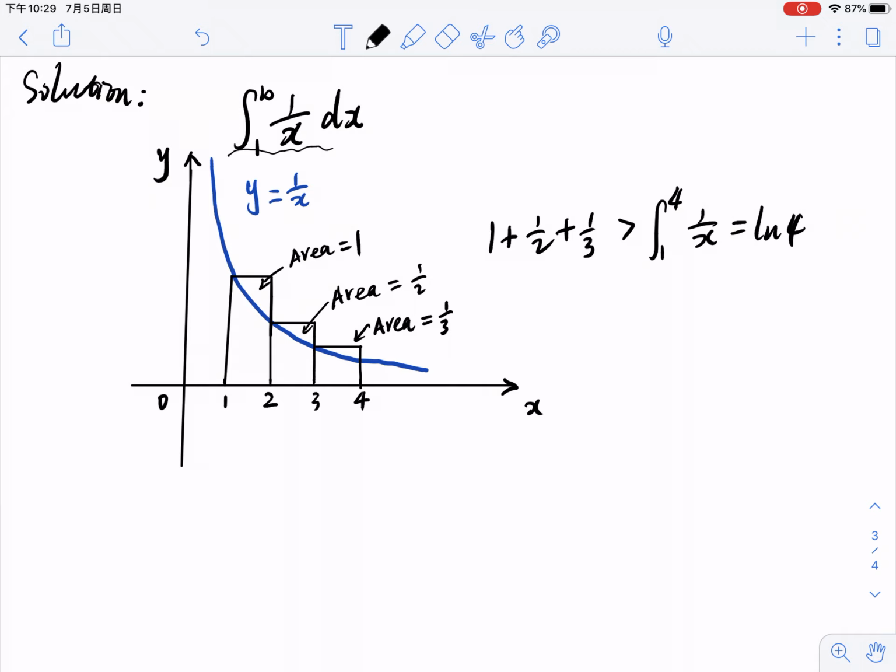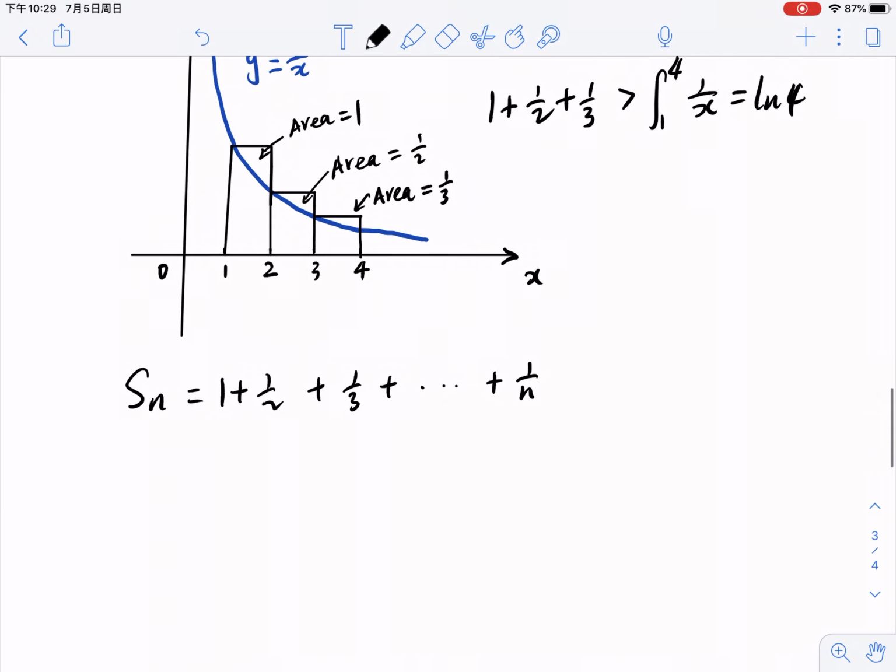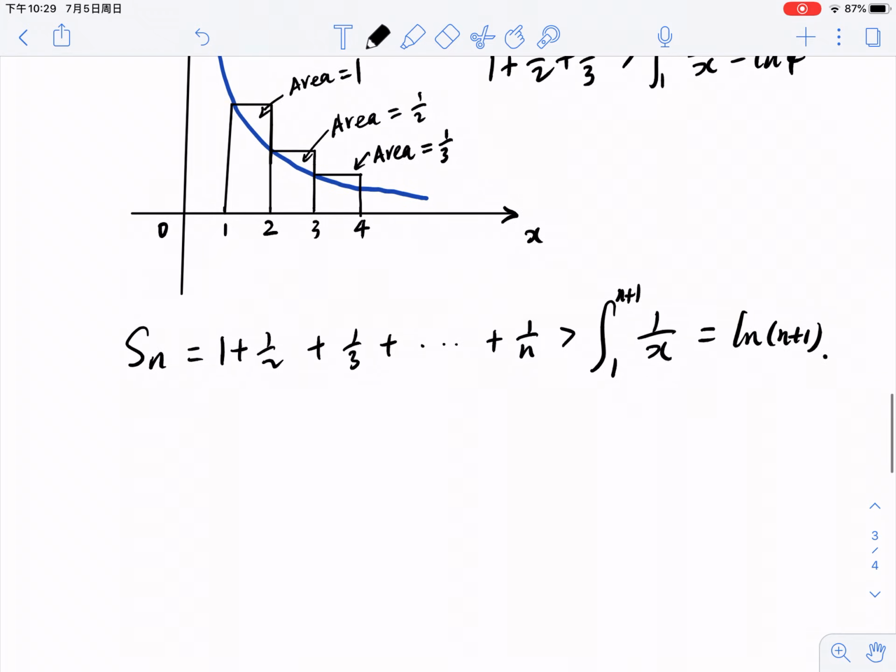The same kind of relationship holds for the first n rectangles. So we have S_n, which is 1 plus 1/2 plus 1/3 plus ... plus 1 over n, is greater than the integral of 1 over x from 1 to n plus 1. This integral is ln(n plus 1). Since ln(n plus 1) goes to infinity as n goes to infinity, so do the partial sums.